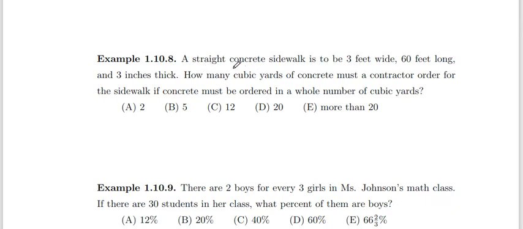So a straight concrete sidewalk is to be 3 feet wide, 6 feet long. Okay, so then the volume is 3 times 60 times 3.